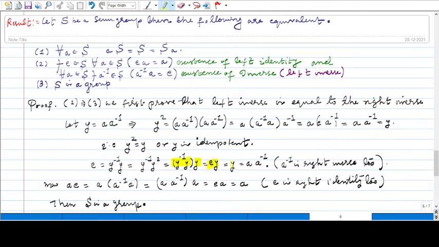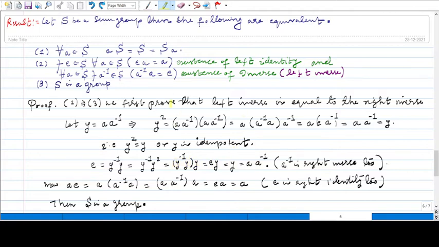That is, ey is equal to y. And what is y? a inverse. So what I have found is that the left inverse of a is equal to the right inverse also.